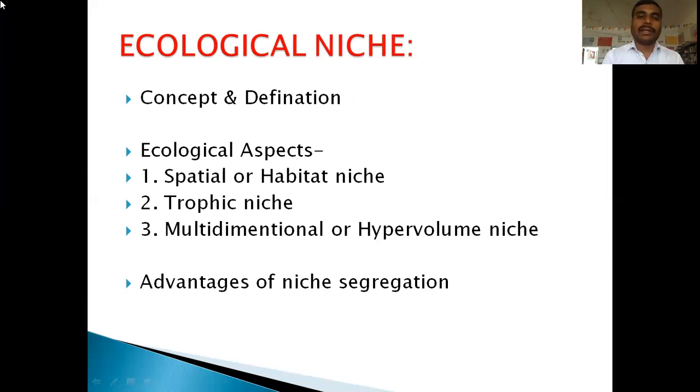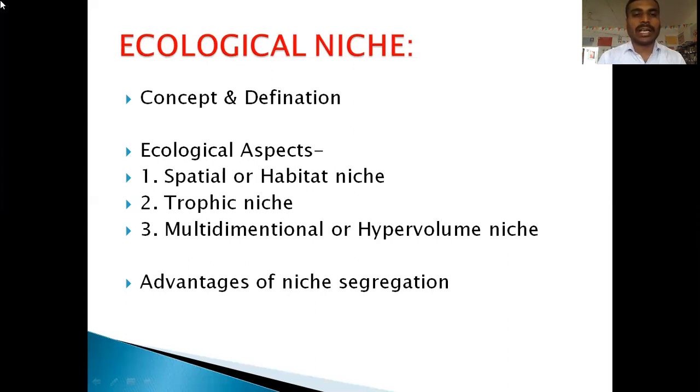The lion, though it lives in that area, feeds on other herbivorous organisms like deer and giraffe. Therefore, its position in that biotic community is different, and this is the difference between habitat and niche.